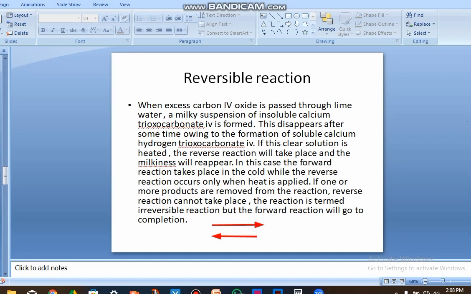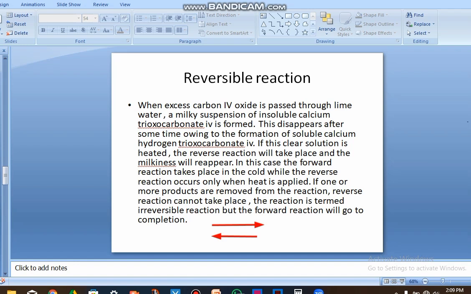Okay, a milky suspension of insoluble calcium trioxocarbonate(IV). Take note of this. The milky suspension is formed, and that milky suspension is the insoluble one. I told you I'll explain the meaning of insoluble. That milky substance is the same thing as the insoluble calcium trioxocarbonate(IV) that is being formed.